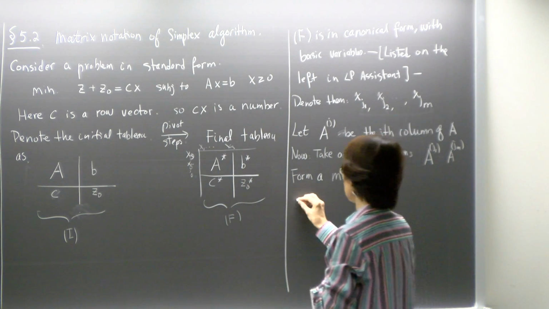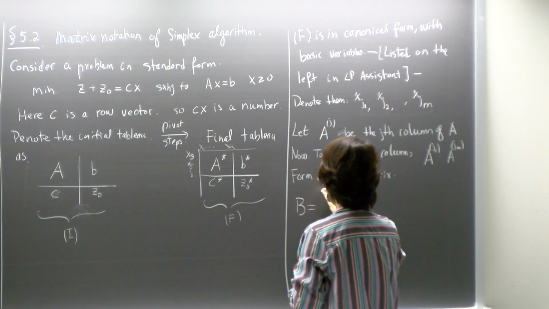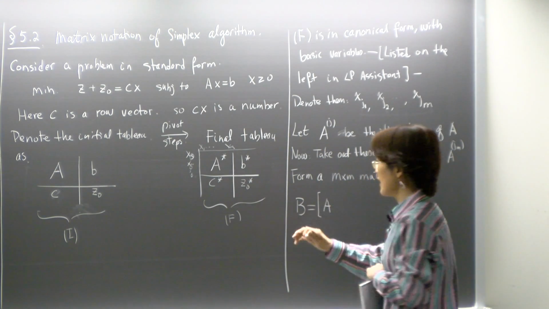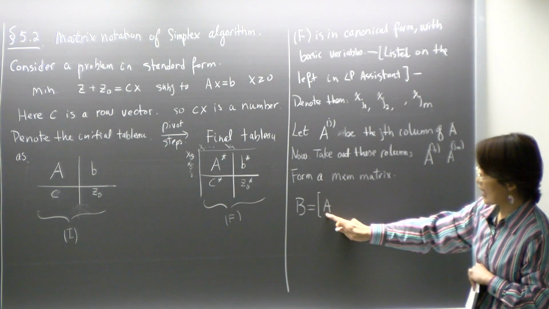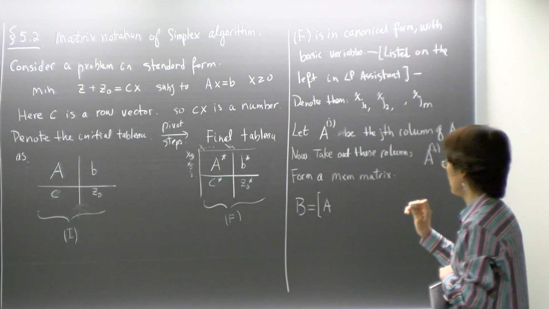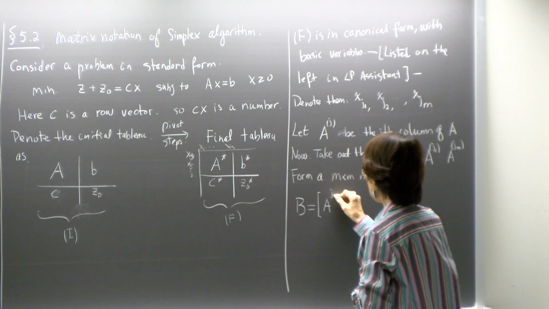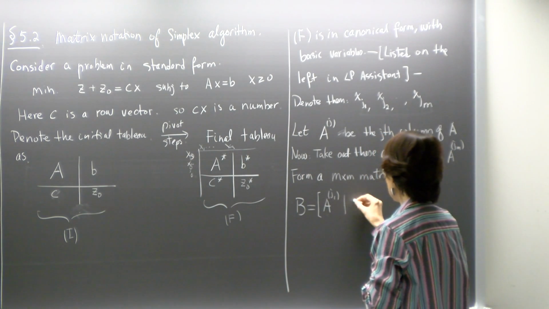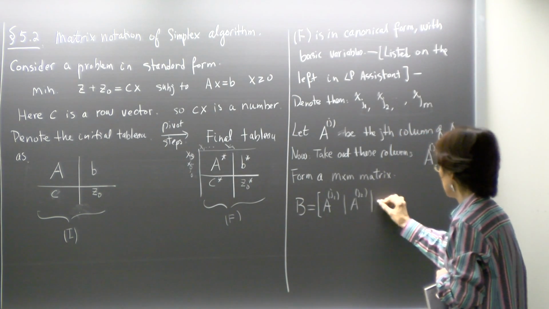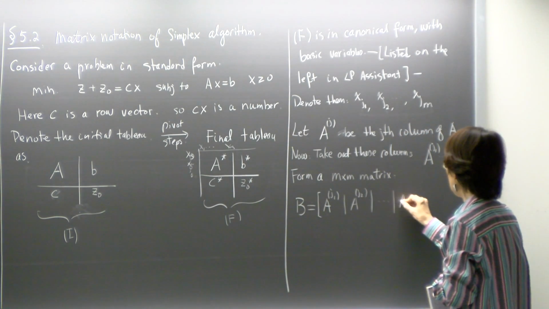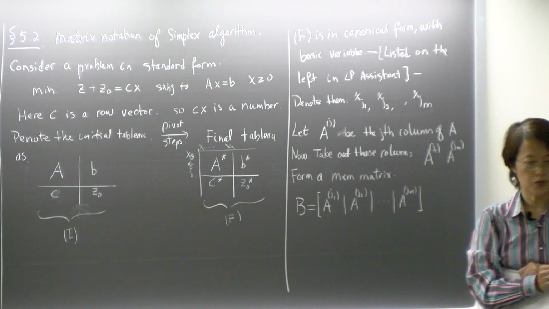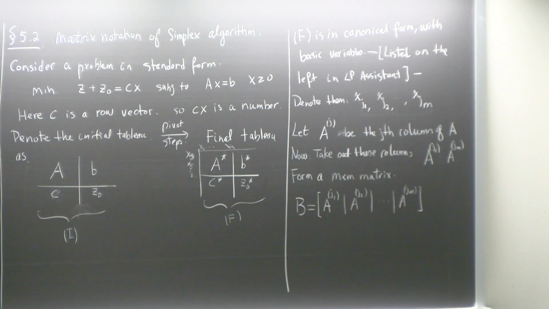Okay, and let's call it B. This matrix we will be fussing over and over. Be careful, that's the A from the initial tableau. No star on it. So the J1th column of A, the J2th column, and so on until the Jmth column of A. So this is a square matrix in the end.